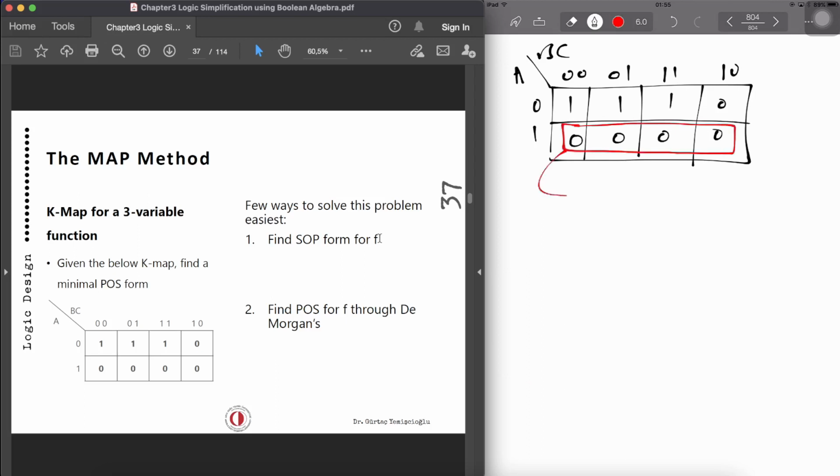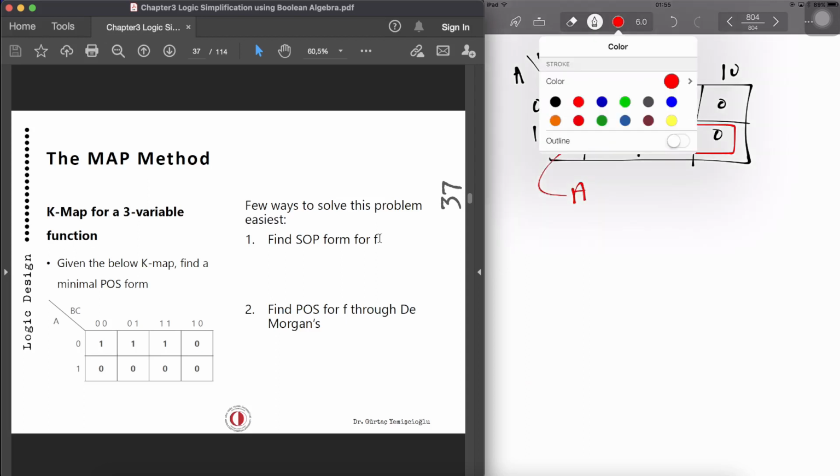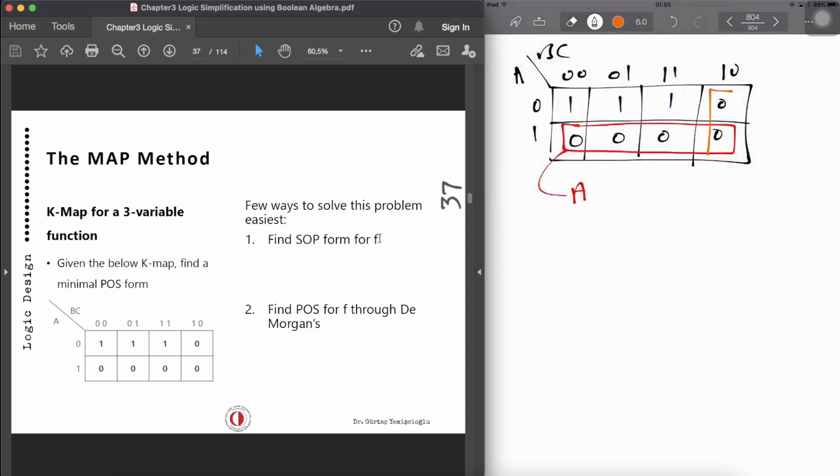And I know that this is equivalent to A. And then I can combine these two, which is going to give me A is changing, it's B, C prime. So F prime is actually equivalent to A or B, C prime.